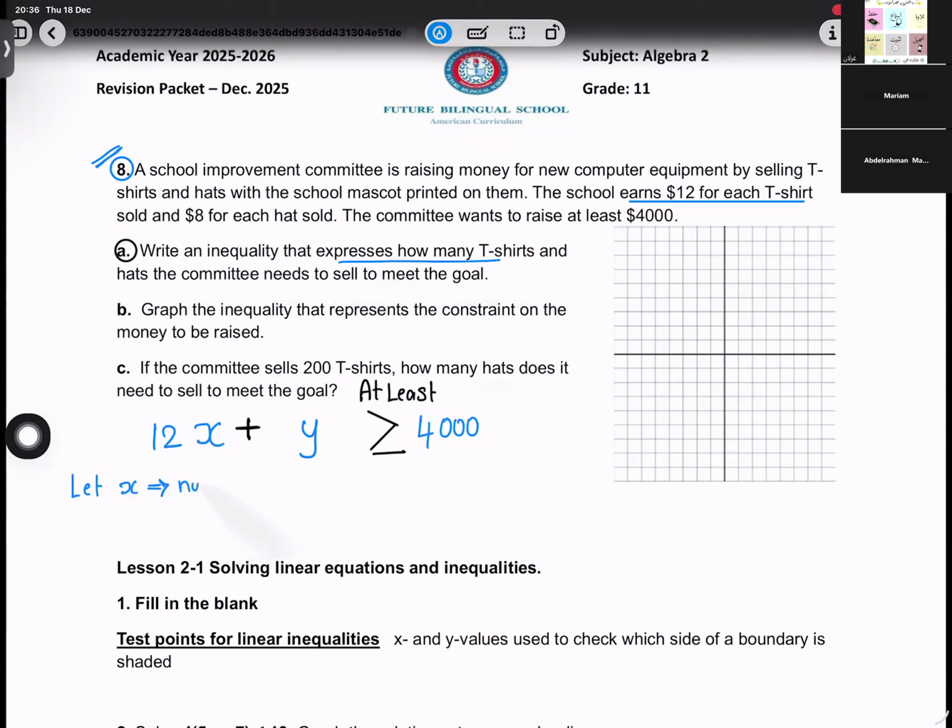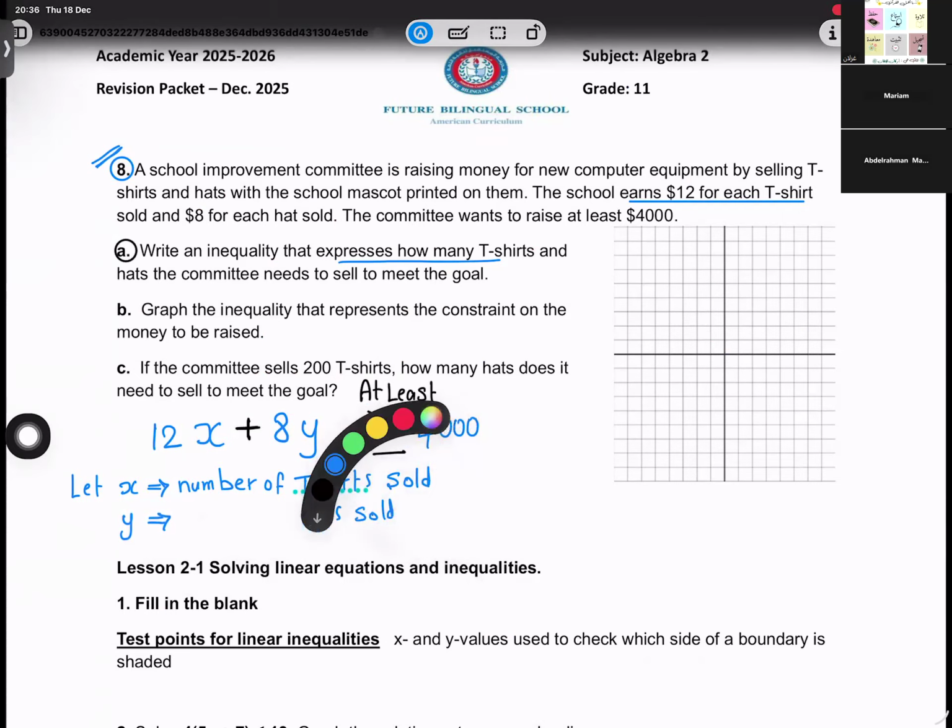What will be the coefficient of y? No. The price of a hat is 8y, and let y be the number of hats. In this question we identify the variables because they are not written in the question.